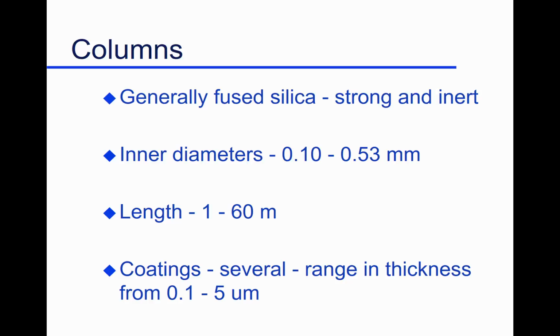The inside diameter will range from 0.1 millimeter to 0.53 millimeters. So we're talking about micrometers in terms of size of these things. Length is 1 to 60 meters. And here's where we put a coating on the inside, and that coating is actually very thin too, anywhere from 0.1 micrometer to 5 micrometers.